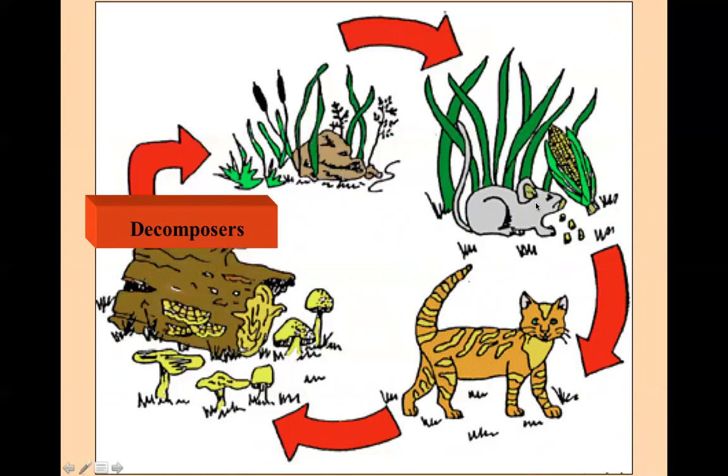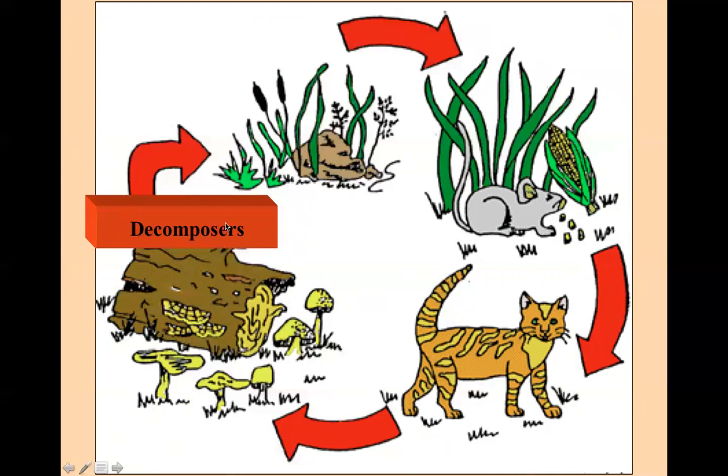Eventually, animals die, and let's say this one dies and decomposes, and so you have the bacteria and the microorganisms that take the nutrients from the dead organisms and turn them back into the nutrients that the plants need. So decomposers are very important in the cycle.